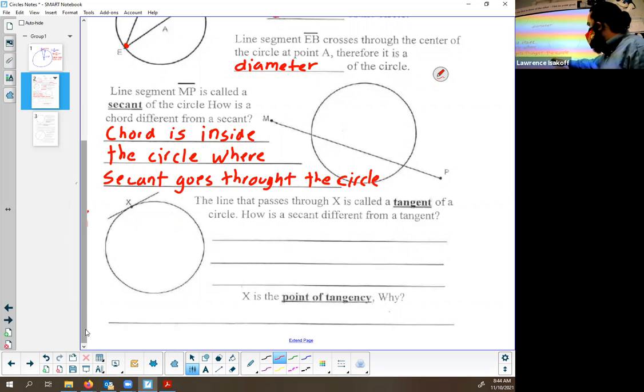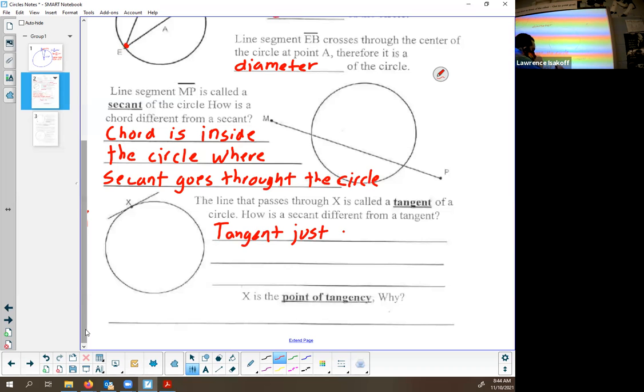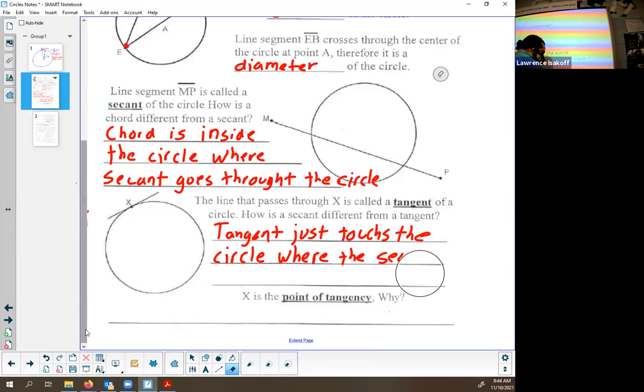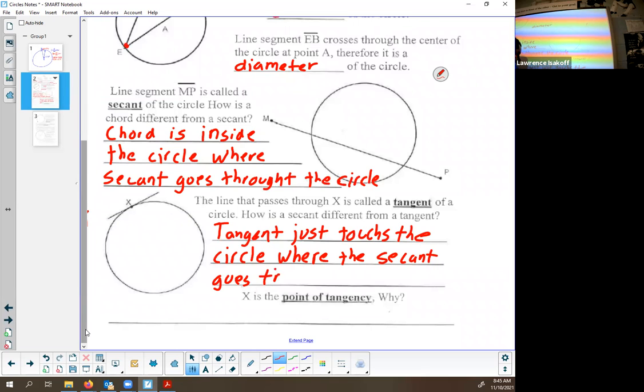So the line that passes through X is called the tangent of a circle. So the tangent just touches the circle, where the secant goes through it.